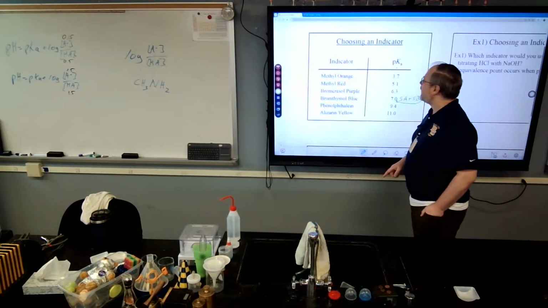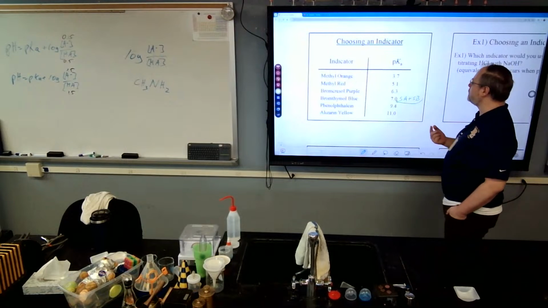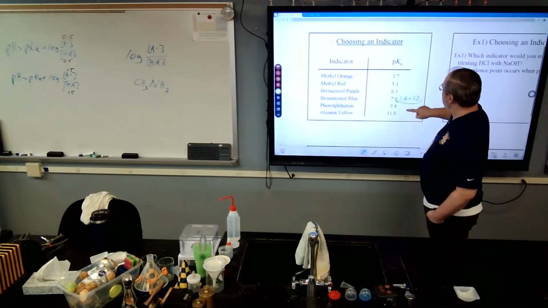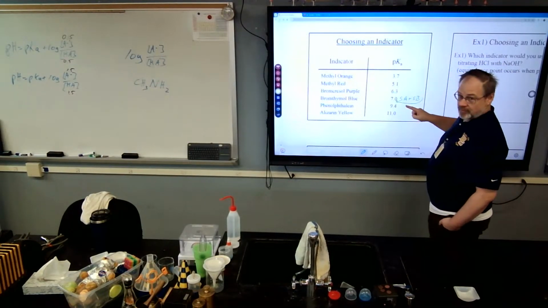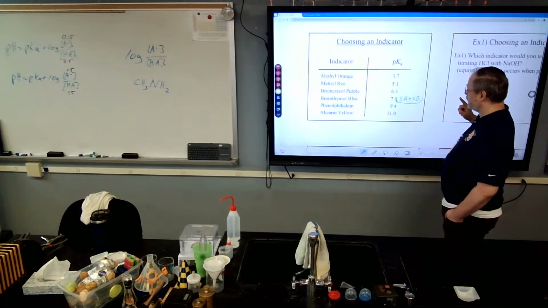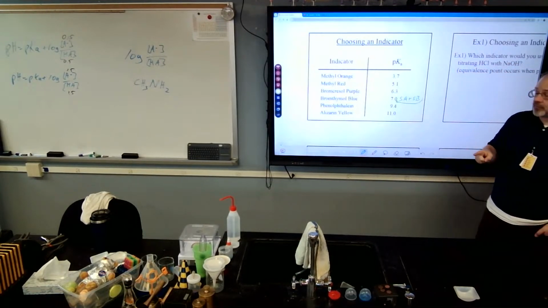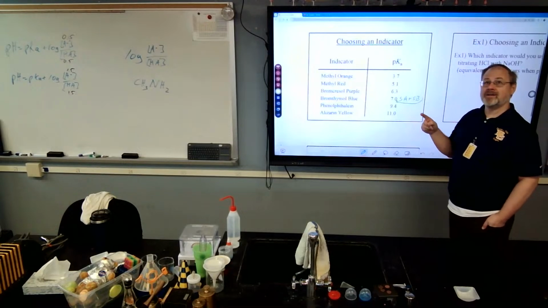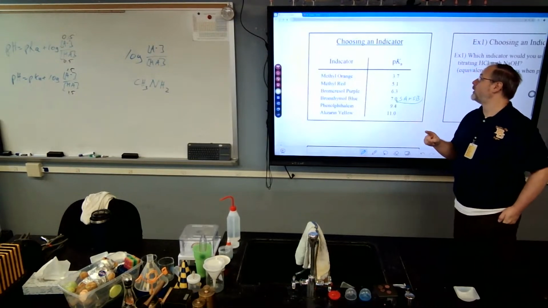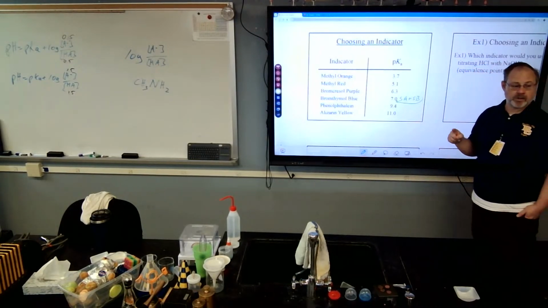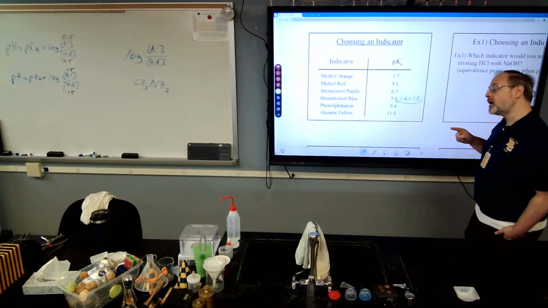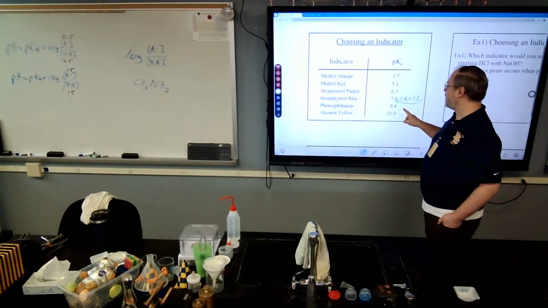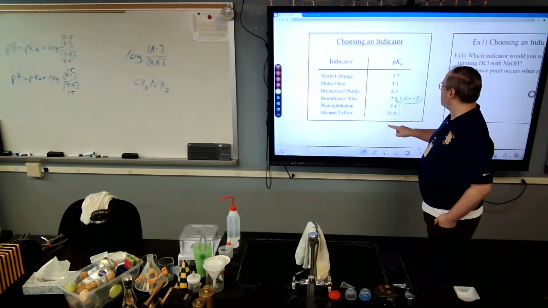Okay, so now what if we're going to be titrating a weak acid with a strong base? Which indicators would be good ones to use? Yeah, phenolphthalein and alizarin yellow.